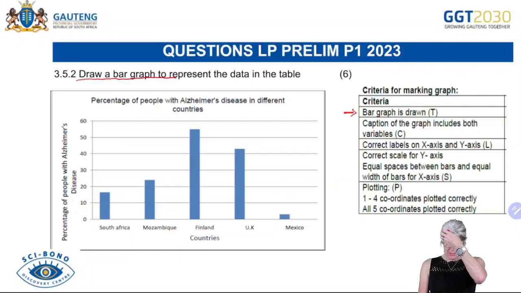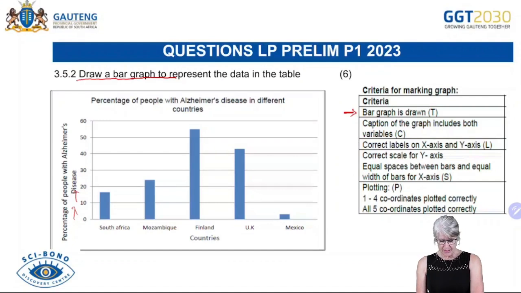So I start at 0 and I'm going to go up to 60. So that will include 3 as well as 55. Okay, but I make them equal increments. So you can see on this graph here, we go up in increments of 10. It must be equal. All right. And if I do that, then my scale will be correct.